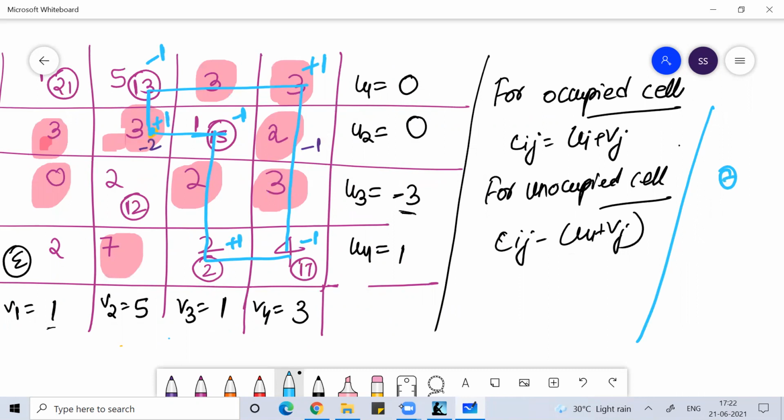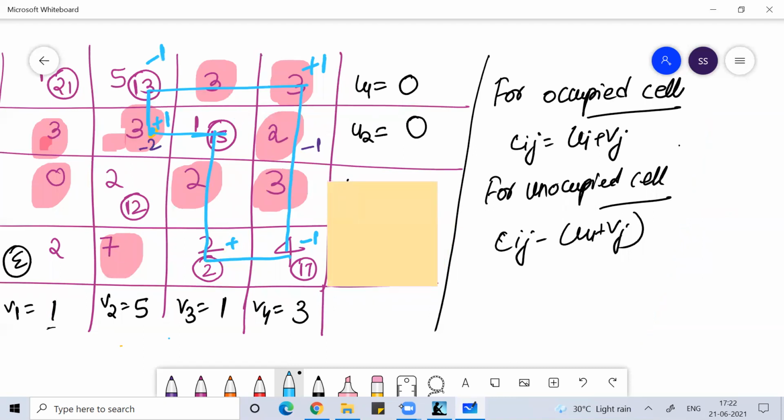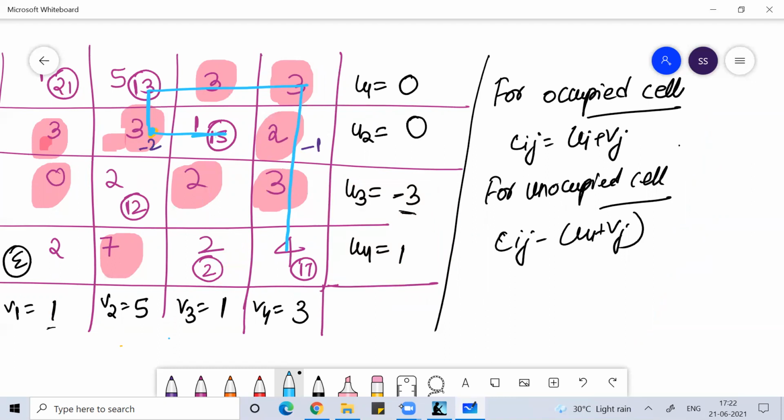Another one would be 13 minus theta. So I have to move volume onto this empty cell from the allocated cells.